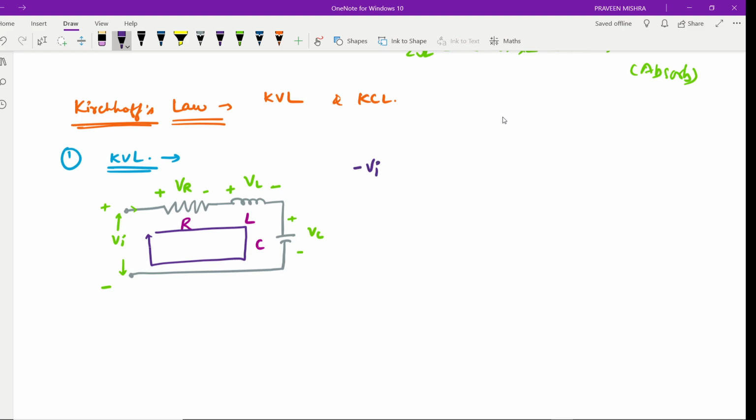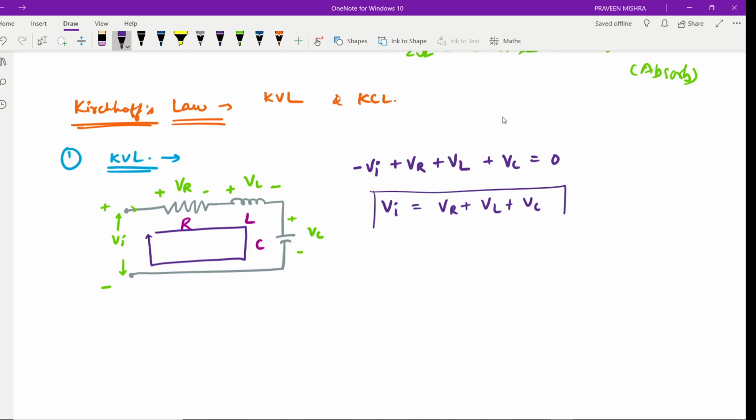Then the first sign is positive for R, so plus VR, and when we reach element L, the first sign is positive, so plus VL, and for the capacitor plus VC, equal to 0. Taking Vi to the right hand side, Vi will be equal to VR plus VL plus VC.